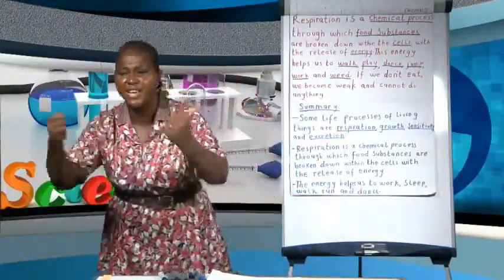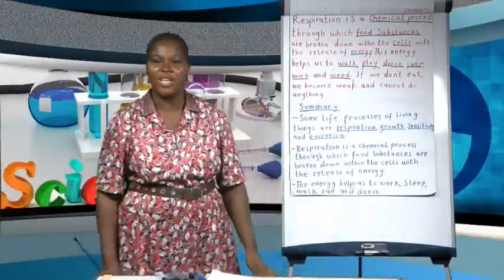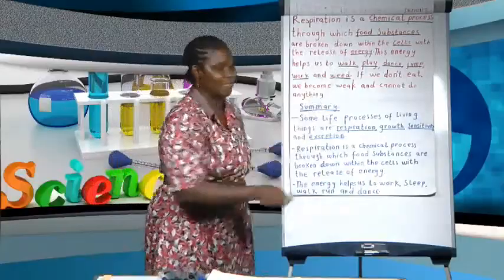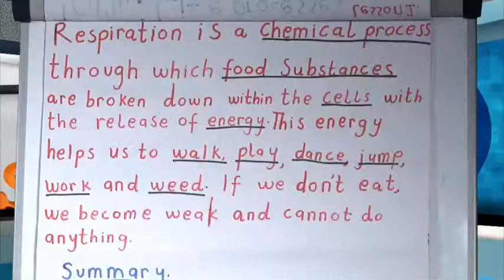After they eat, they will gain energy. And what do they use this energy to do? Walk. So let's look on our screen and see what activities we do after eating and gaining energy.